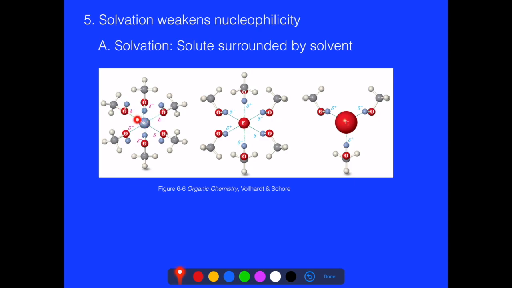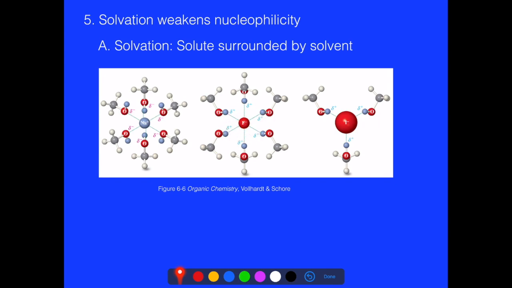Sodium is positively charged, so it's going to be attracted to these negatively charged oxygens, and there's going to be a fair amount of solvation. That's for the positively charged sodium. If we look at fluorine, which is negatively charged, these methanol molecules would surround it, but actually the hydrogens, which are partially positive, would be pointing at it, and so we'd say that the fluorine is more solvated.